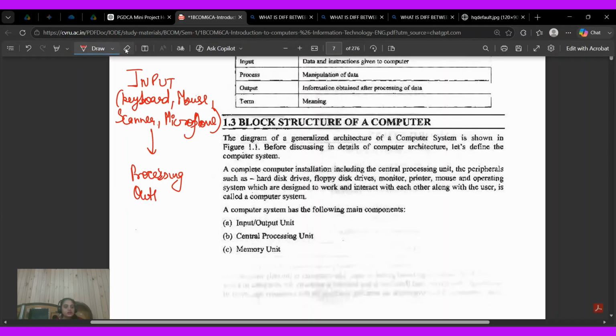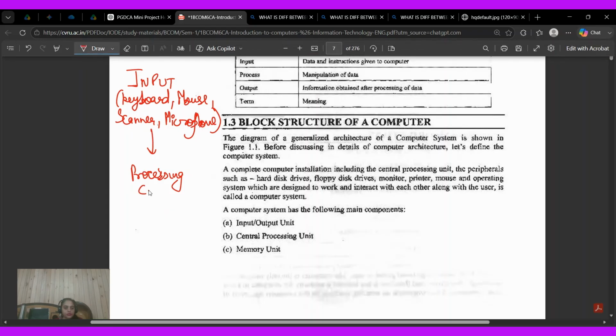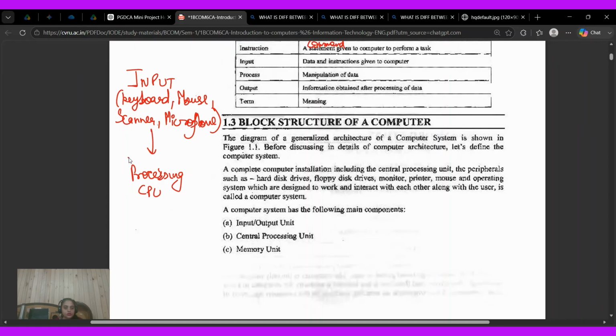Processing is done through the CPU, the brain of the computer. Then the output, which is given by devices like monitor, printer, speaker.